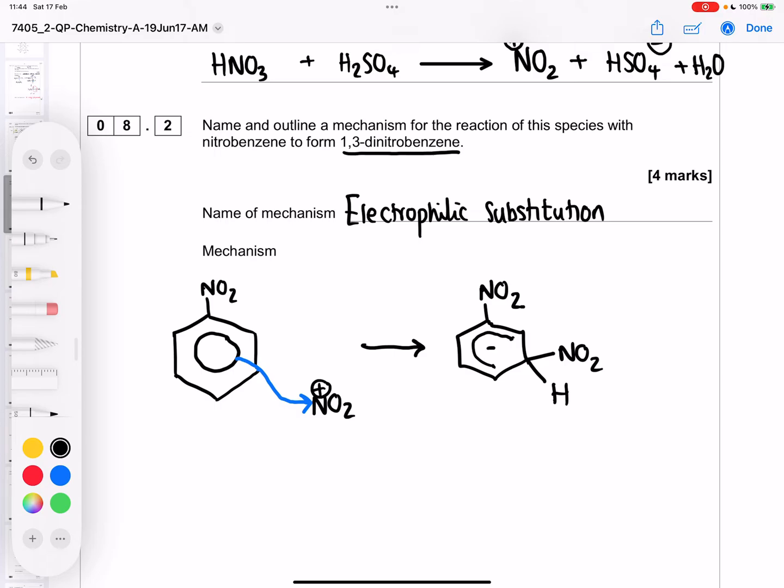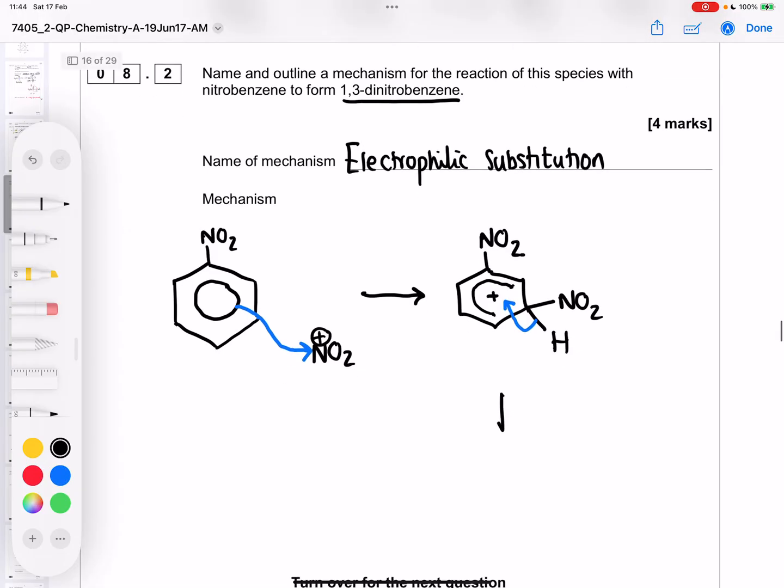I'm going to put the plus inside that horseshoe and then I'm going to use the pair of electrons on the bond to the H to put them back into the ring to reform our pi bond and give us back that delocalized stability. I can draw that with the NO2 on position 3 and a hydrogen. So we've swapped an NO2 for a H and we've done it using an electrophile.